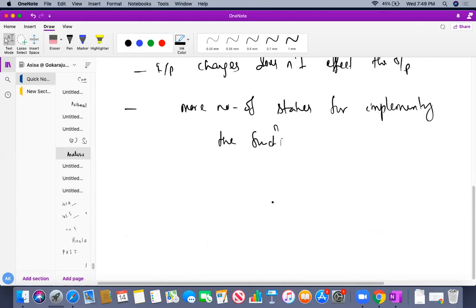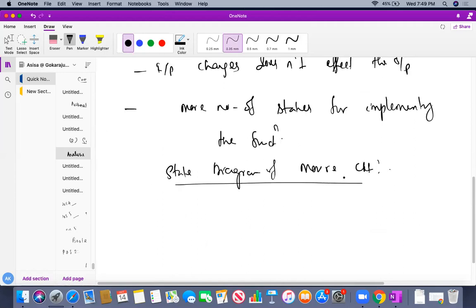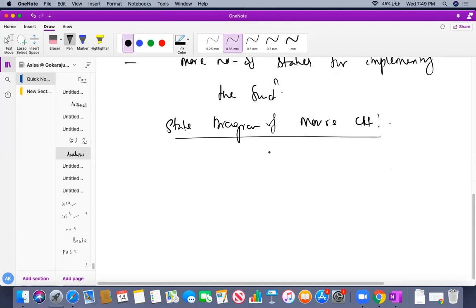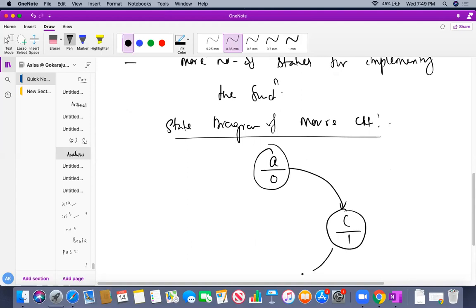The Moore circuit is represented by a state diagram. How to represent the state diagram of a Moore circuit? It has different states. These are all states. I'll tell you, don't worry.